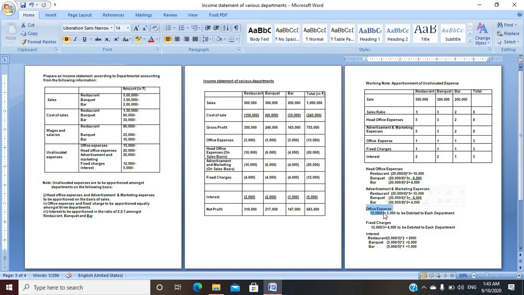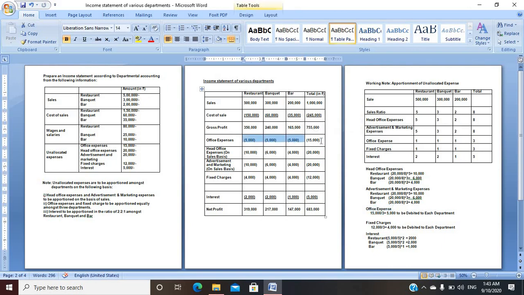Why divided by 3? Divided by 3 means three departments we have, right? Restaurant, banquet, bar. 15,000 divided by 3 gives me the figure 5,000 debited each. So 5,000, 5,000, 5,000 equally in all departments, right? That will give me the final figure 15,000, right?